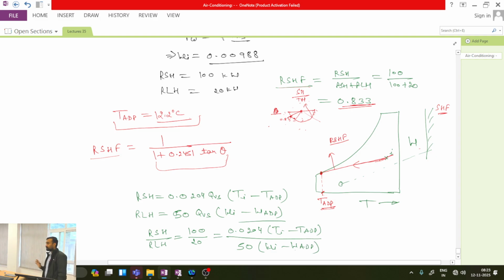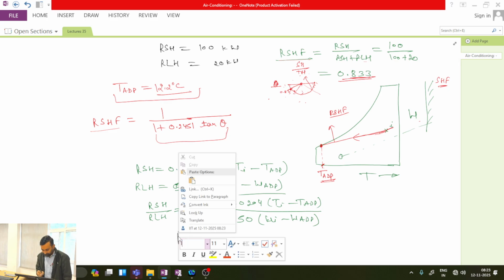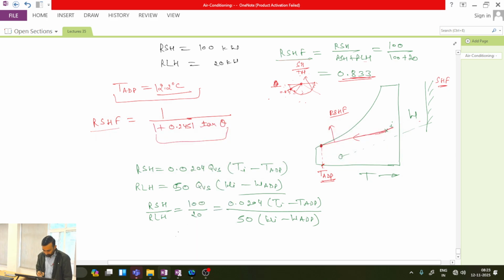All are clear with this point? So from this ratio I have come up with a single equation: TI minus TADP equals 250 into (WI minus WADP). This is a single equation.